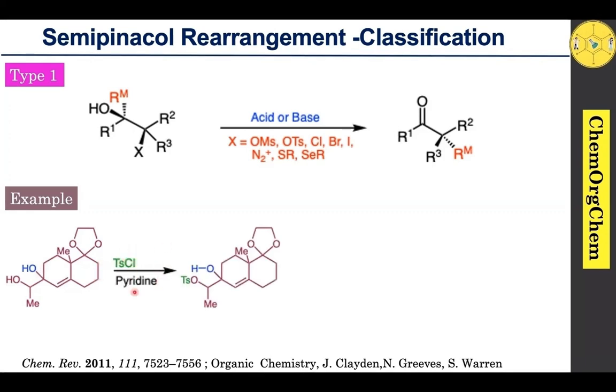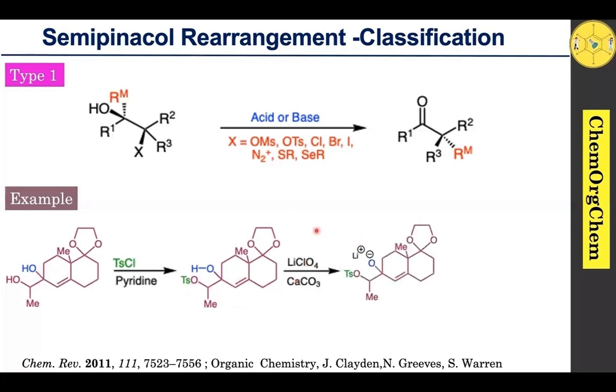When we use tosyl chloride and pyridine conditions, that will selectively react with the secondary alcohol rather than the tertiary alcohol center. Since the tertiary alcohol center is quite sterically crowded, the secondary alcohol selectively reacts with tosyl chloride, which generates the corresponding O-tosylated product.